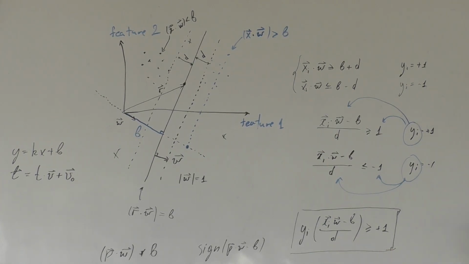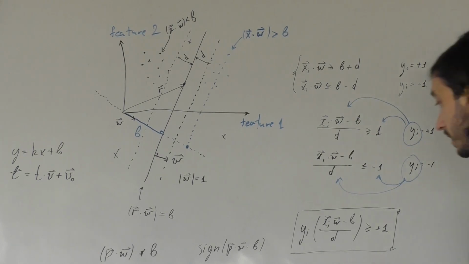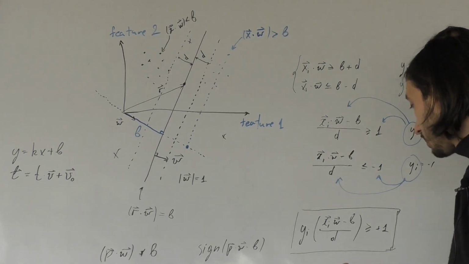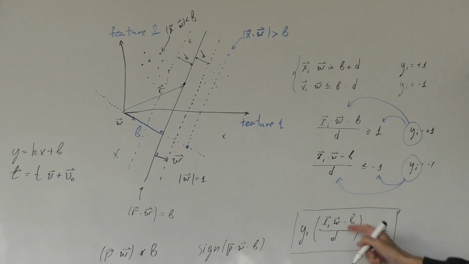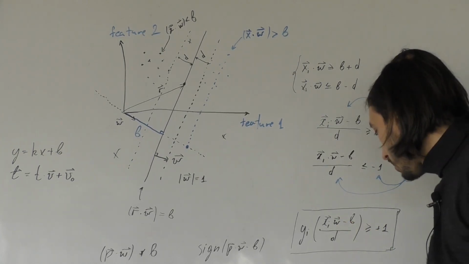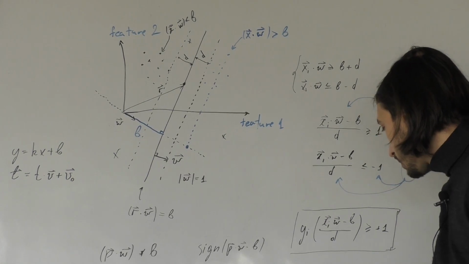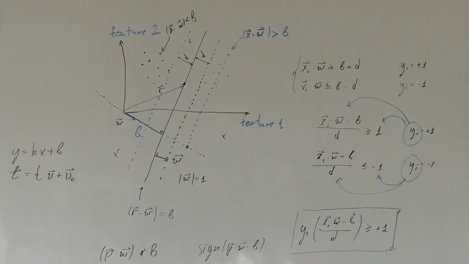And what I want to do is make this distance d maximum. So I want to maximize this d over, of course, my parameters, so whatever I have in the w and in b. Okay, is this part more or less clear? So how we get here?